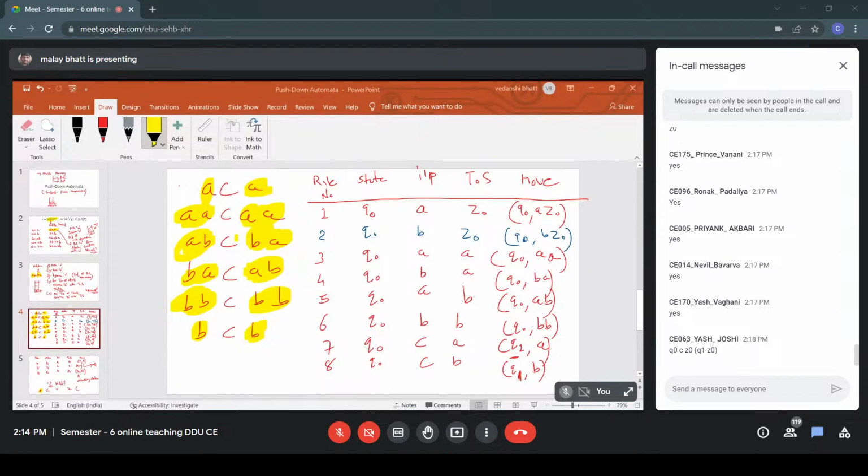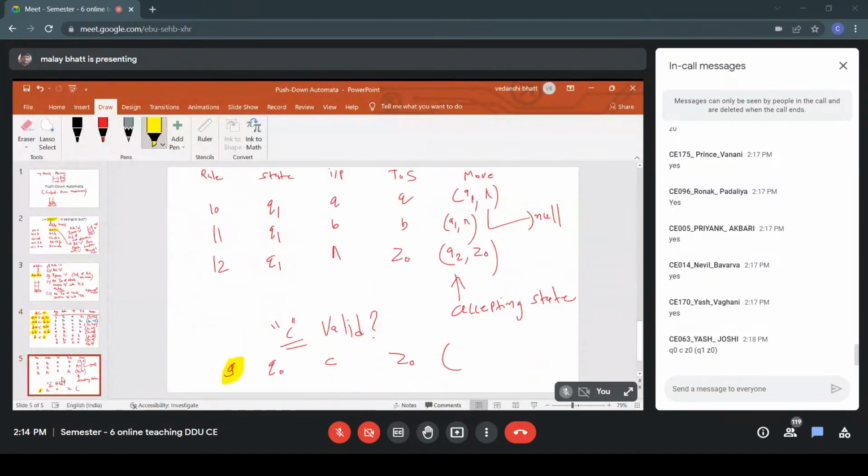Now we are adding rule number 9, Q0 C Z0. If the input state is Q0, push operation, C is the input, and the top of the stack is Z0, we write the rule as Q1 Z0.